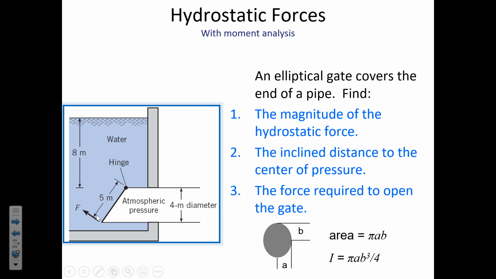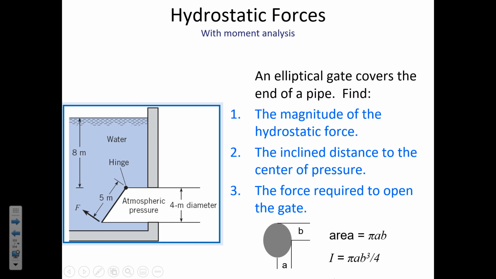The gate is elliptical because the pipe itself is circular in profile, but if you cut a circular pipe at an angle, then the physical opening of that cut pipe will have an elliptical shape. So just think of it maybe in 3 dimensions. This piece of paper that I'm holding is a circular pipe, and if you cut that circular pipe at an angle, then the opening is going to be an elliptical shape.